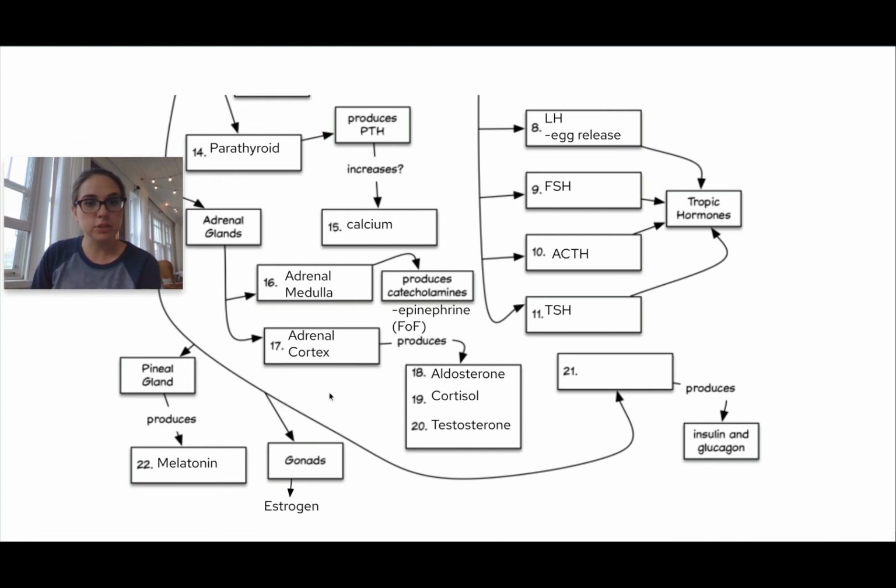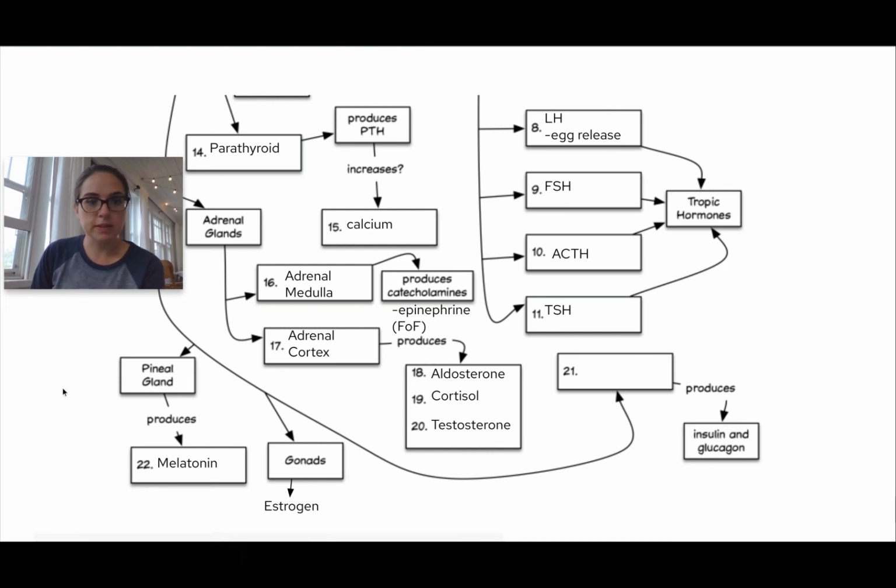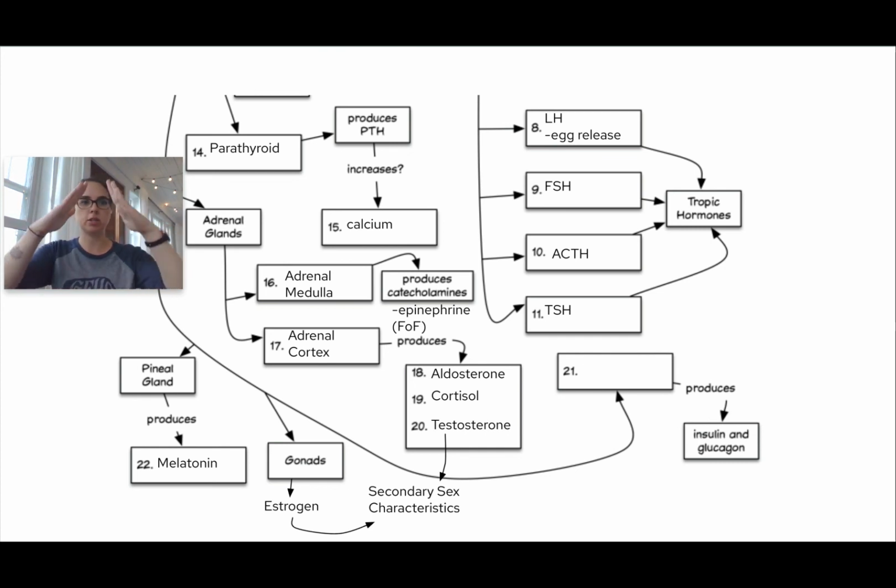But what is important to know, since testosterone's here and estrogen is here, what I do want you to remember is that both of those hormones are responsible for your secondary sex characteristics. So it's kind of what gives you your male or female attributes. So females have usually a lack of facial hair, breast development, kind of more like body shape that's like this, narrow shoulders, wider hips.